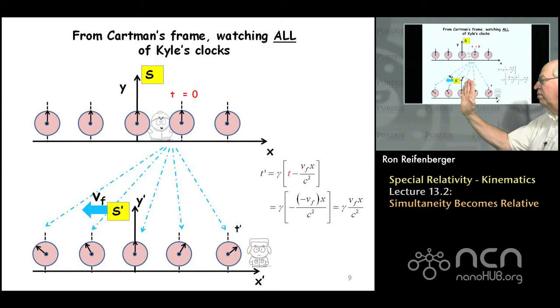So for clocks in the positive x direction, he would see that they're running ahead of time, and for clocks in the negative x direction, he would see they're running behind time. It just follows from this equation right here. And how far ahead or how far behind they appear to be clearly depends on the location x that he would determine the clocks to be at.